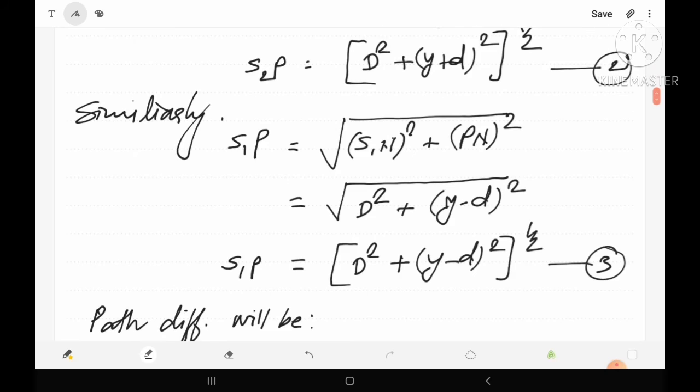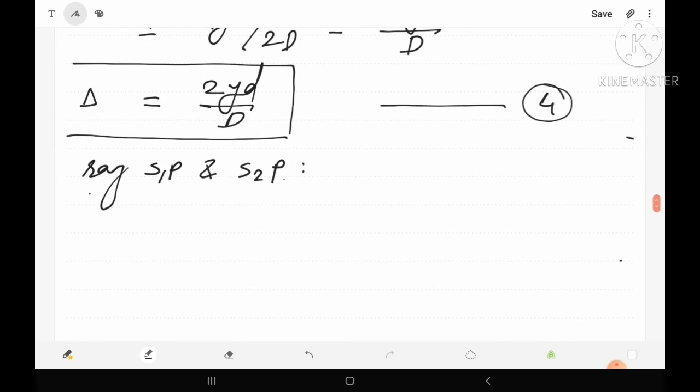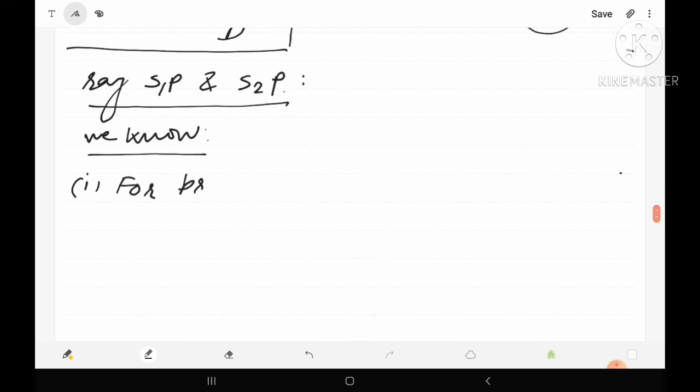So here let us apply those conditions. Actually, we know, first, for bright fringe, means maximum intensity.